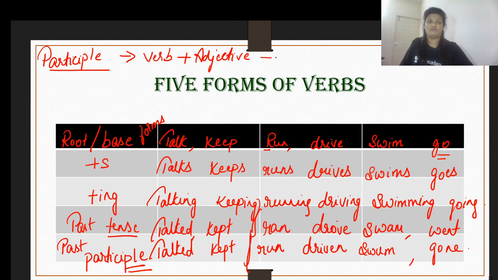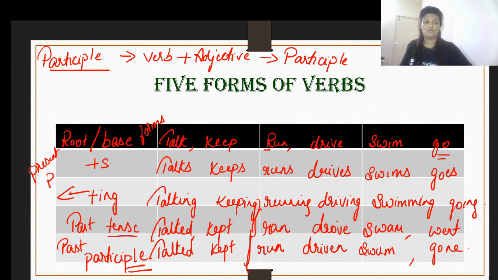When a verb functions like an adjective, you call that a participle. Well, there are two types of participles. Number 1 is present participle, when your verb forms are in ing forms. Number 2, when the verb is in its past form, like talked, kept, run, driven, swum, gone. This is referred to as past participle.